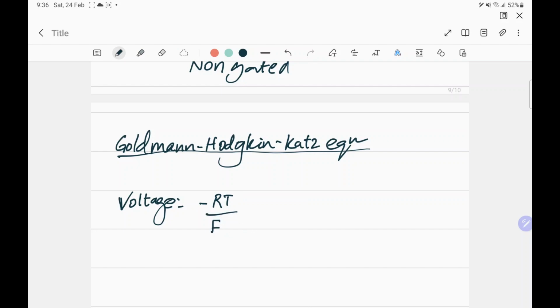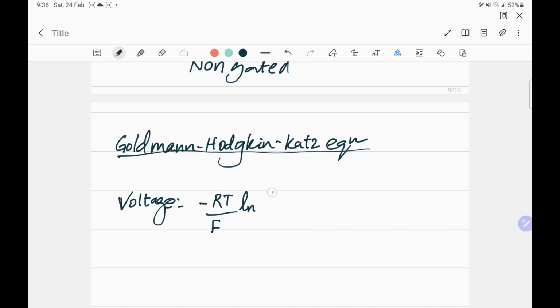Z refers to charge. But if we look at this, there are different ions. So which charge are we looking at? And by the way, we are looking at sodium and potassium and even chloride, and all of them are in the number one integer value. So it doesn't matter. Log base e.